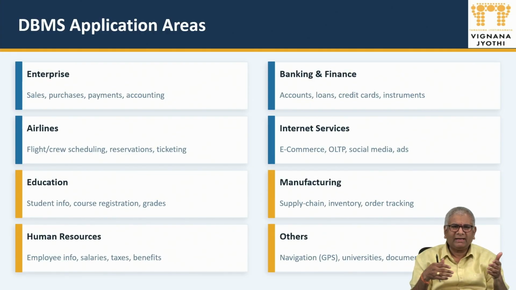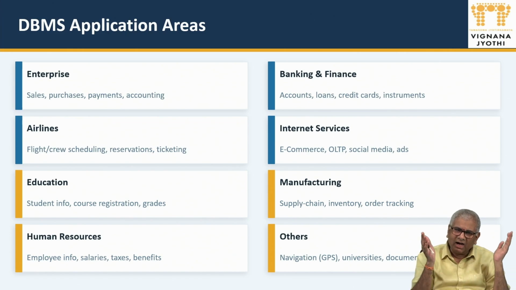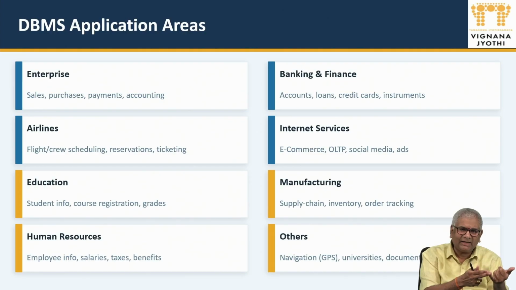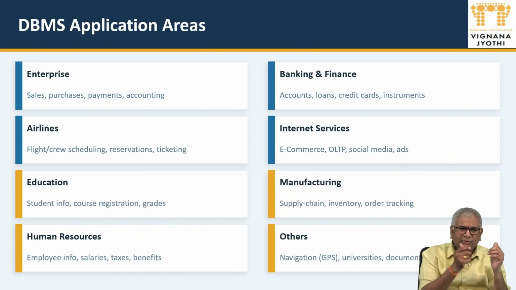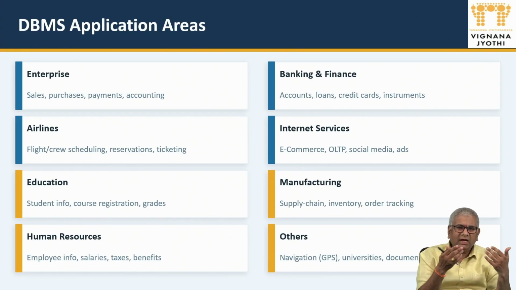I mentioned a few, like enterprises: sales, purchases, payments, accounting. In a big company, the sales department uses databases, the purchase department uses databases, payments, accounting, all these things. Airline: flights, crew scheduling, reservation, ticketing, boarding pass, all these things are stored in databases.